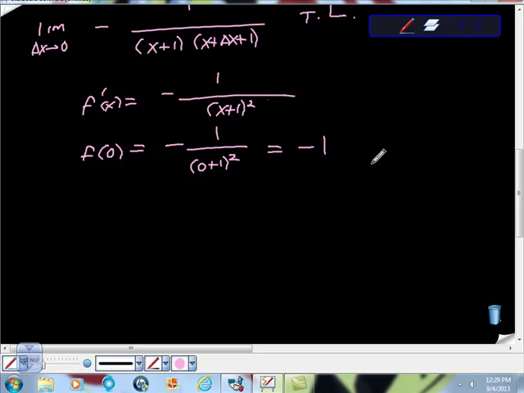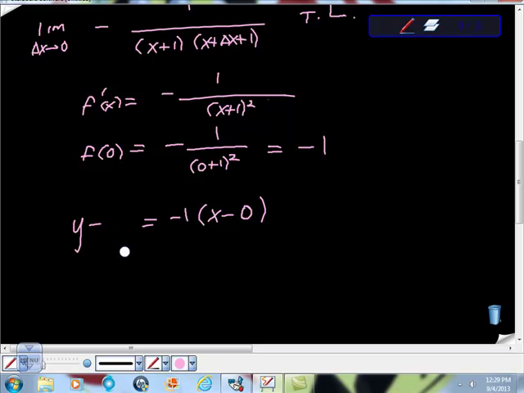We're going to use this: y minus y sub 1 is equal to m times x minus x sub 1. Well, we found this limit. We found this derivative. We found this slope, and the slope is negative 1. So m is negative 1. That's the slope. That's what first derivatives are, slope, right? We have our x sub 1 value, which is 0, isn't it?